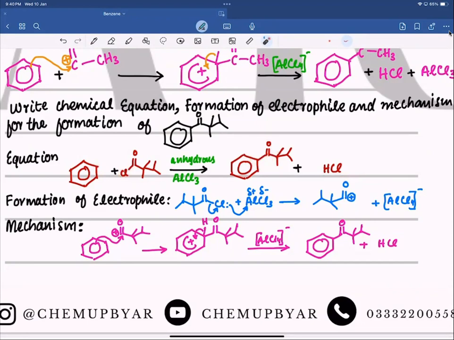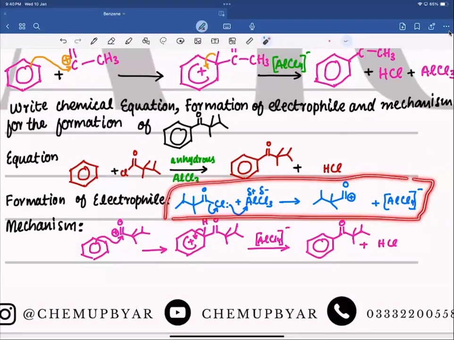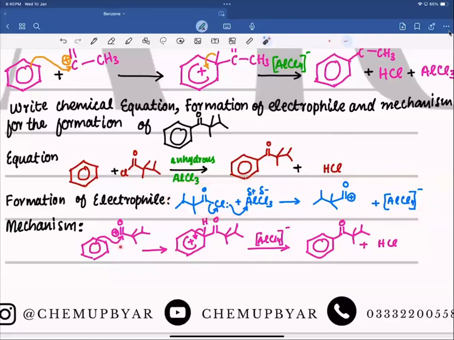Now, if you see the formation of the electrophile, isn't it the same as all the rest of the electrophile formation that we did in the previous class and in today's class as well, except the last one, nitration? And then if you see the mechanism, isn't it the same?